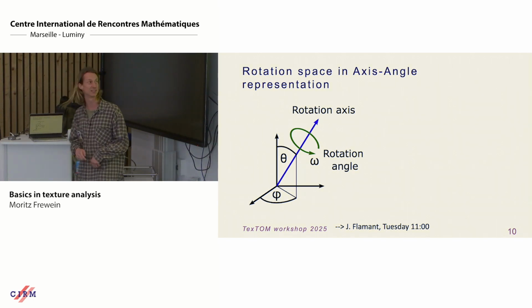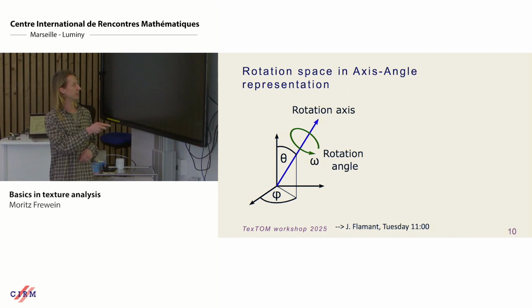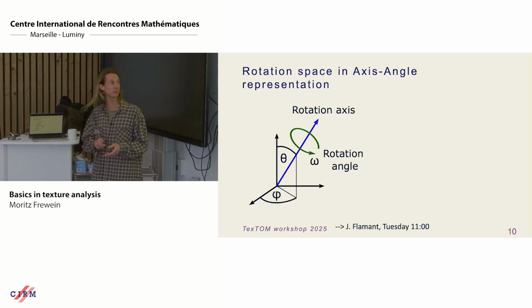So how does the axis angle parameterization work? We define a rotation axis here in blue, which is defined by two angles, for example, or it's just a unit vector. And then there's the rotation angle, which defines how far we turn in this direction.